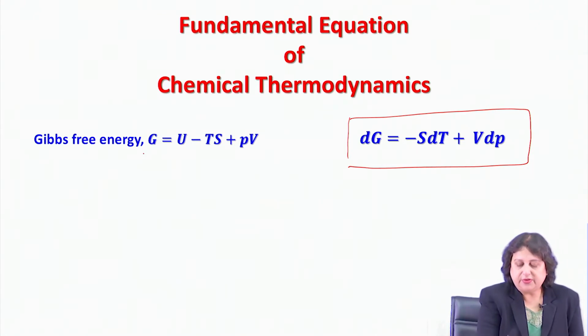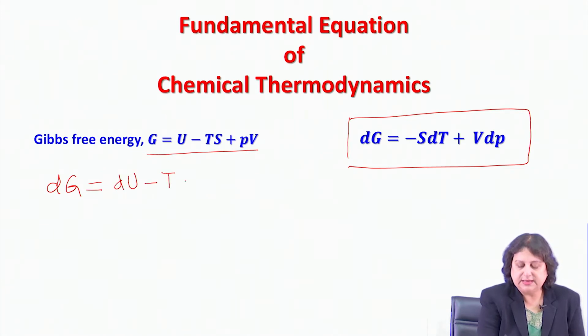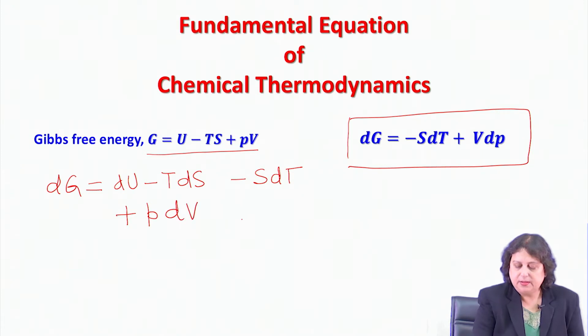I would start from this definition and say, okay, what is dG? dG would be equal to dU - TdS - SdT + PdV + VdP.